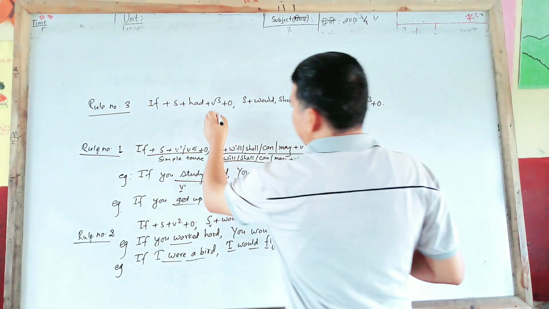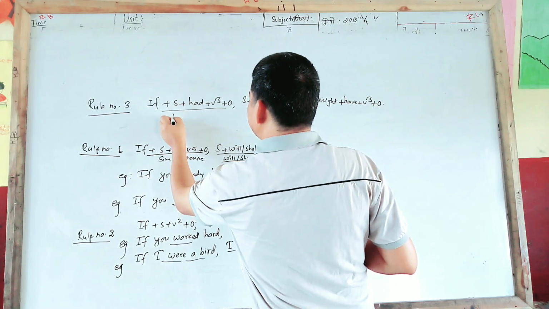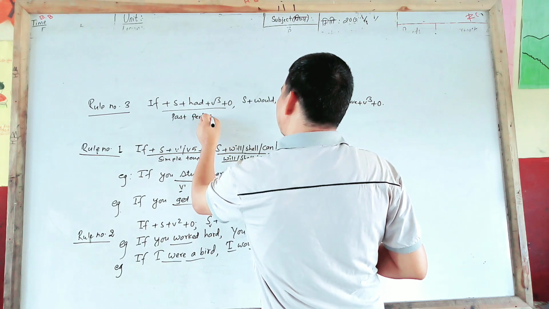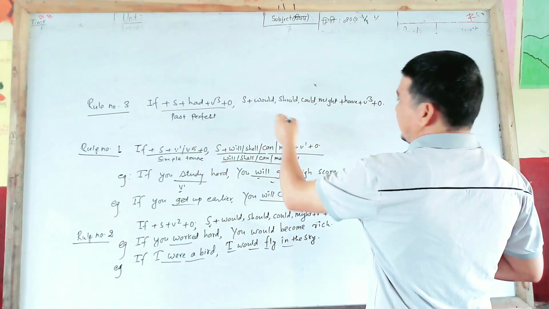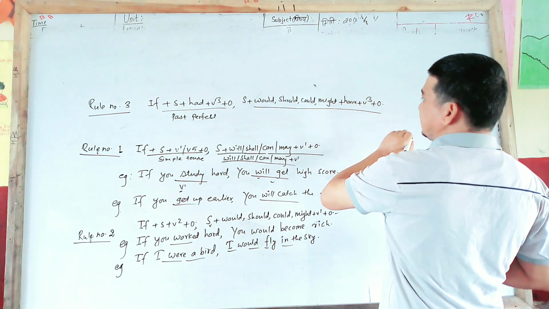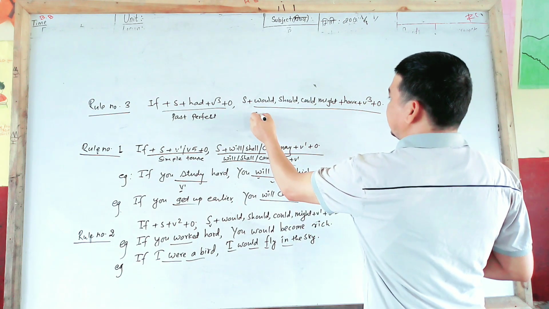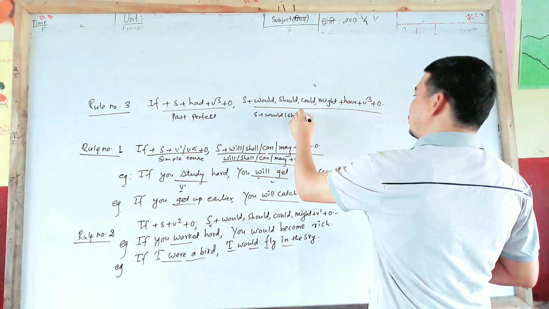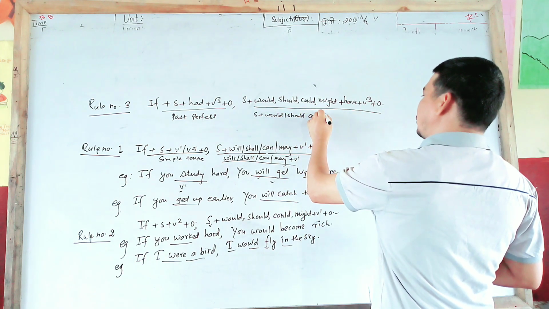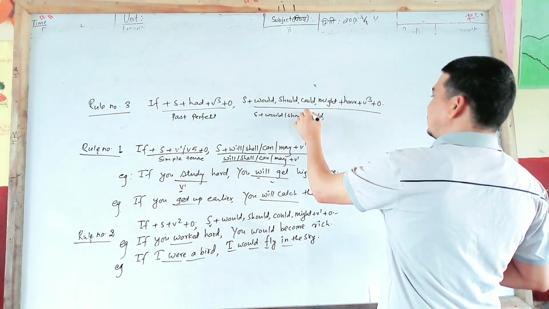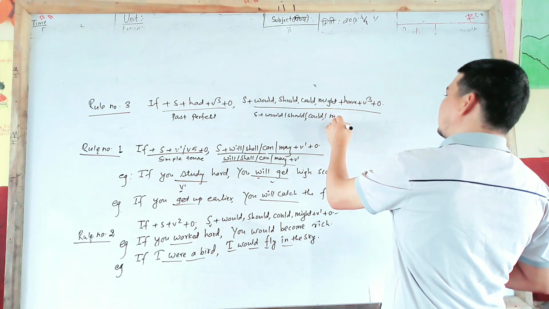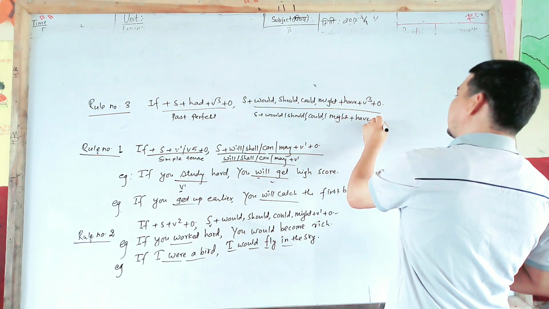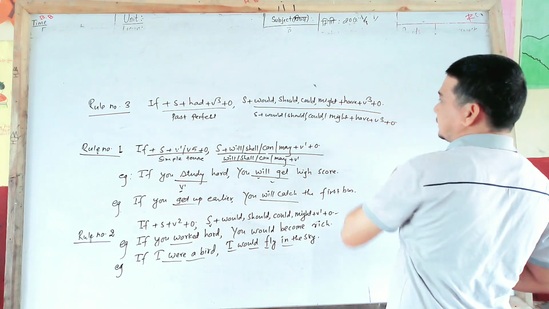Okay. If our if sentence is in past perfect, then we have to change our main sentence to subject plus would, should, could, might plus have plus v3 plus object.